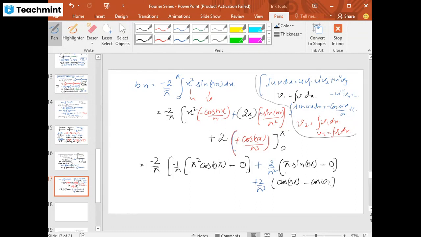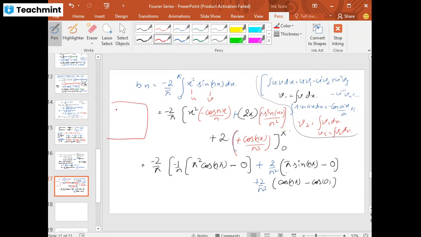So now on solving this part again, like we have discussed the identity, that cos of integral multiple of pi, its value is minus 1 raised to the power n, and sine of integral multiple of pi, its value is 0. So if we use this formula here, then its value is minus 2 upon pi, minus pi square upon n. Cos n pi is minus 1 raised to the power n, and sine n pi is 0.